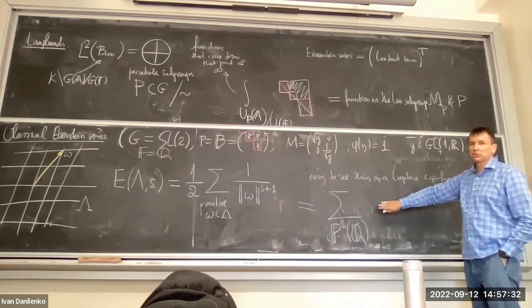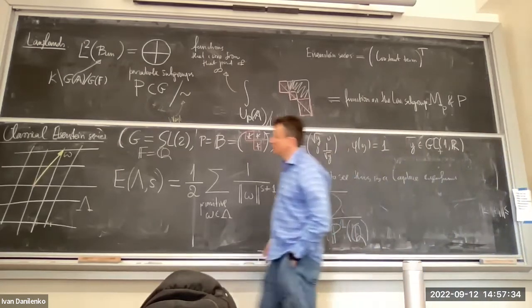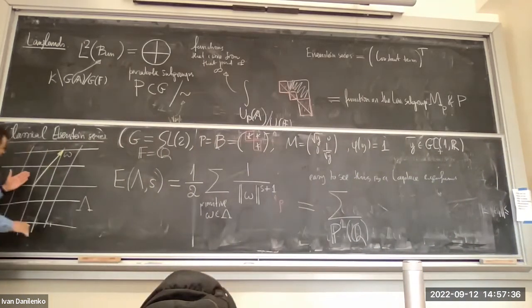And then what am I measuring? I'm measuring quite precisely how big. I write my point of the projective line as a pair of coprime integers, and I would like to measure how big the Euclidean norm of this pair of integers is.